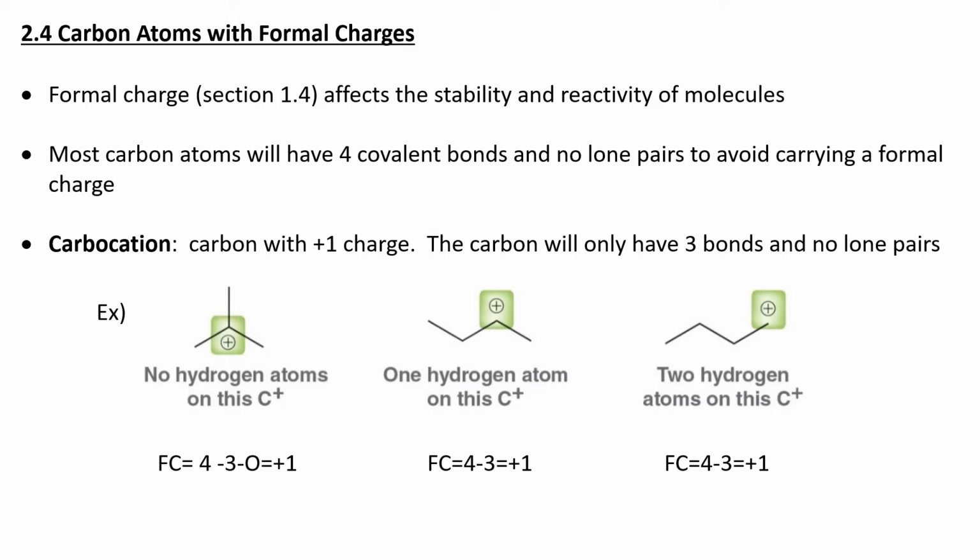In the second example, there's a single hydrogen atom. And in the third example, there's 2. So in each case, each carbon has 3 bonds and no lone pairs, and that gives it the positive formal charge.